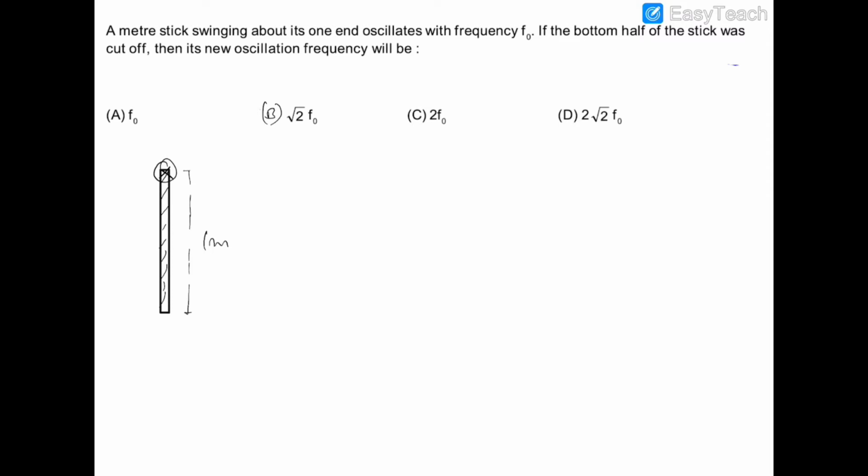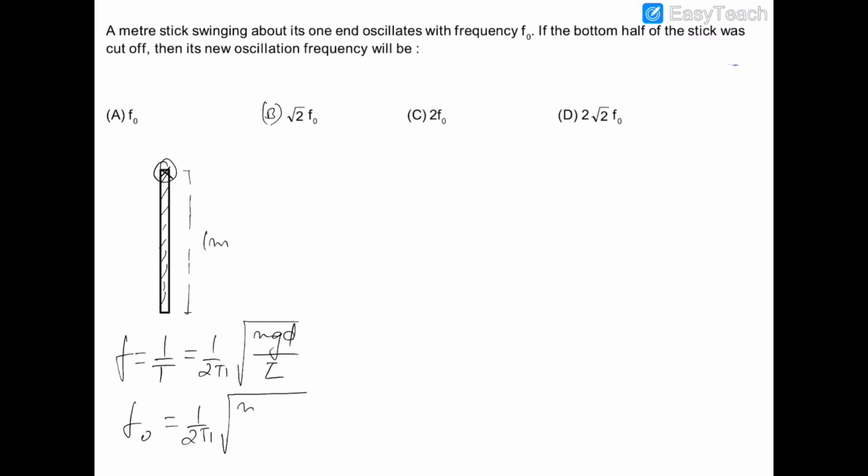Now we know that the time period of this meter stick, or the frequency of this meter stick, would be 1 by T, and that would be equal to 1 upon 2 pi under root of mgd by I. So f0 is equal to 1 upon 2 pi under root of mg d. d is the distance between hinge and center of mass, which is 1 by 2, and the moment of inertia about this axis will be ml square by 3.